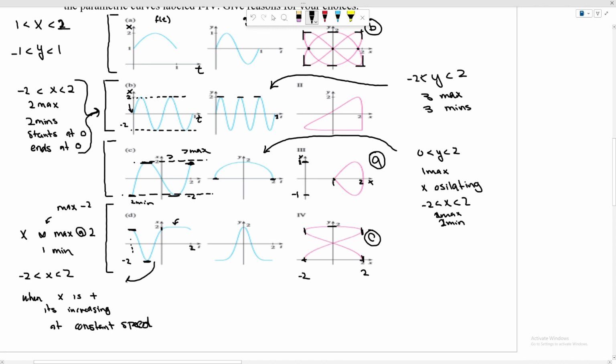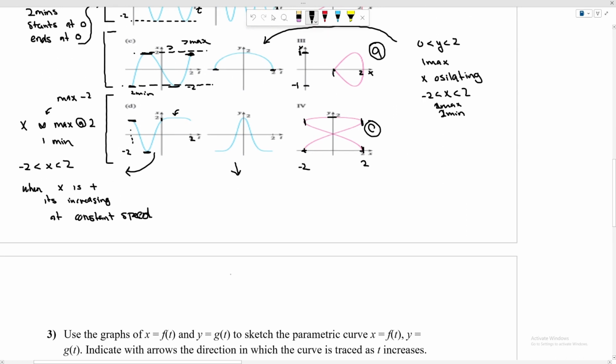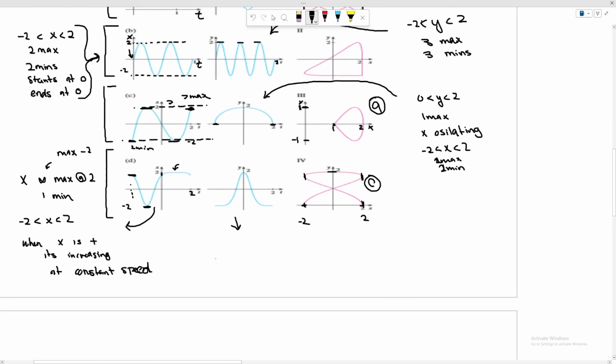Now, our characteristics for y, what do we have? So 1 max, and also our y plateaus, let's say this is like 1, this is -1. Not between, before and after.